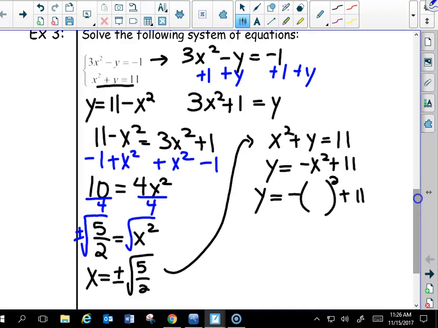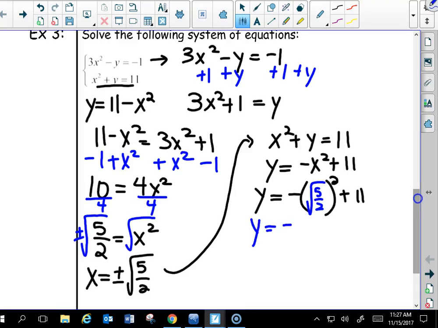One thing I want to point out is that when we're solving for y in problems like these, we're actually going to get the same y value when we use both positive and negative, because squaring the positive gives a positive, and squaring the negative also gives a positive. So we only get one y to go with both of our x's.